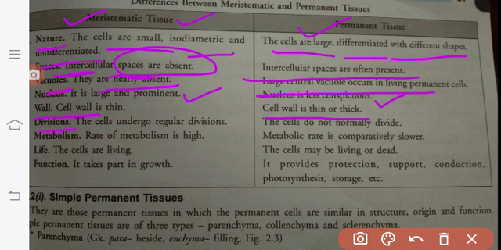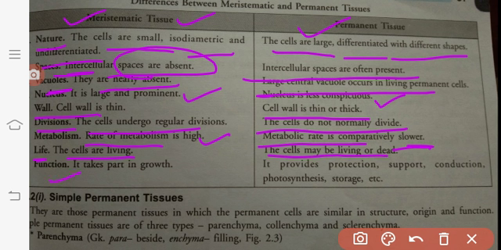Next division, the cells undergo regular division. In case of permanent tissue, the cells don't normally divide. Next is metabolism, the rate of metabolism is high, इसमें क्या बेटा, metabolic rate is slower. Next is life, cells are living, the cells may be living or dead.